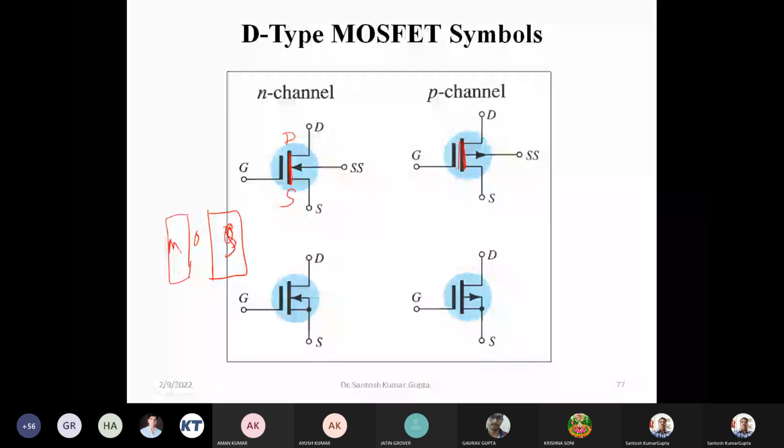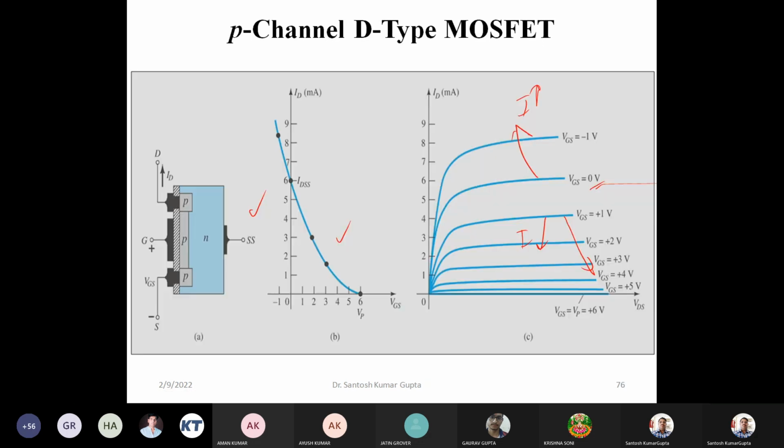So because of this gap between gate and channel, due to this oxide, drain and source are connected together, and we show a substrate also. Between substrate and channel, we can see that a PN junction happens to exist here.